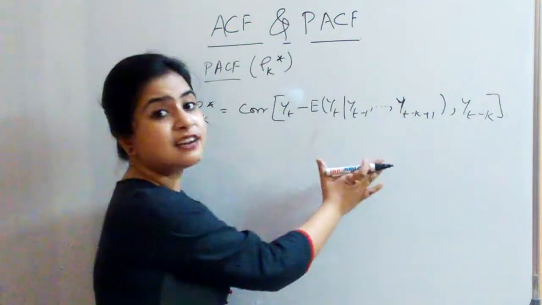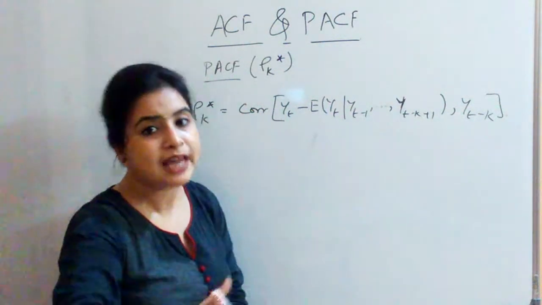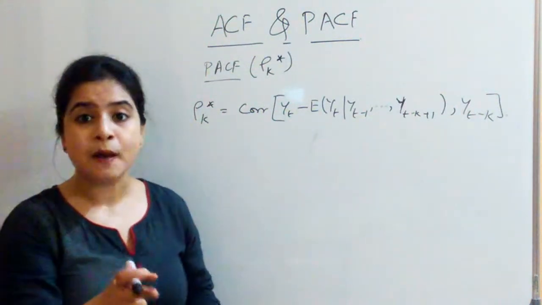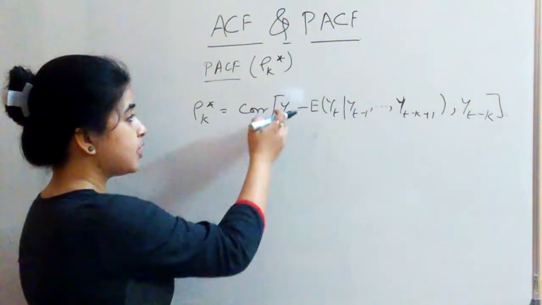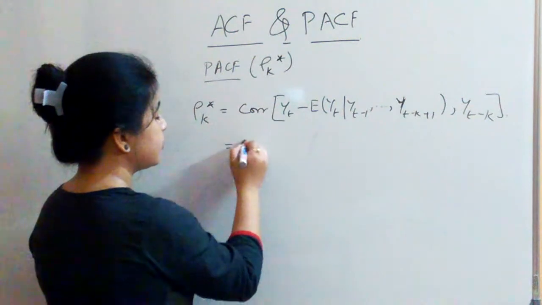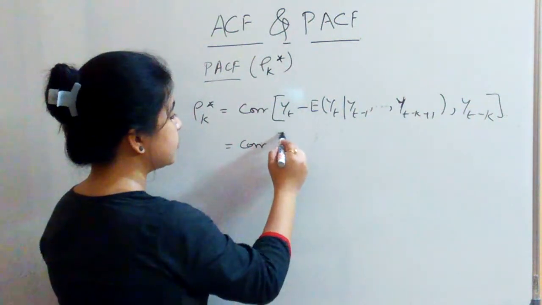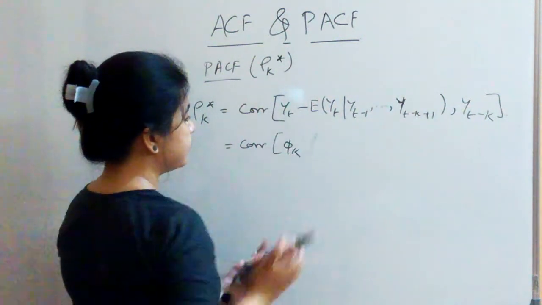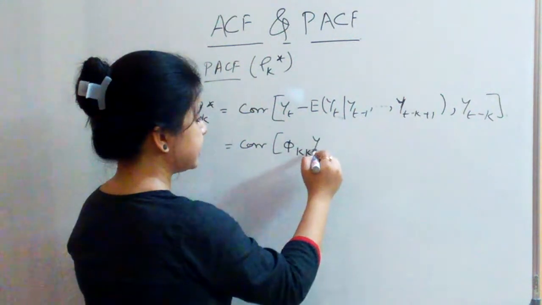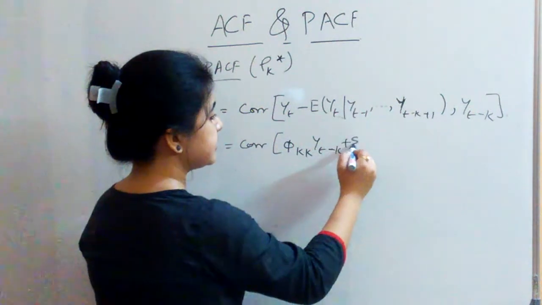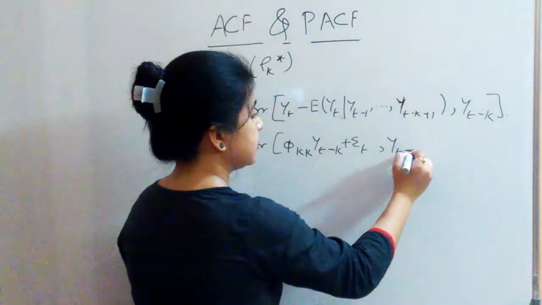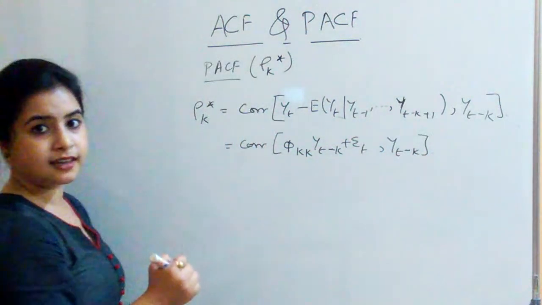So this is the intervening effect that we are able to eliminate in order to find the partial autocorrelation function, or direct correlation between yt and the last term. Okay, so once we are done with this, we have the value as phi k yt minus k plus epsilon t and yt minus k.